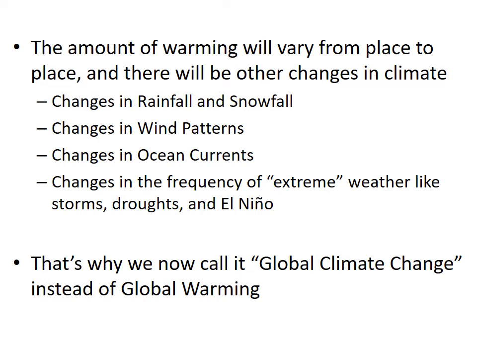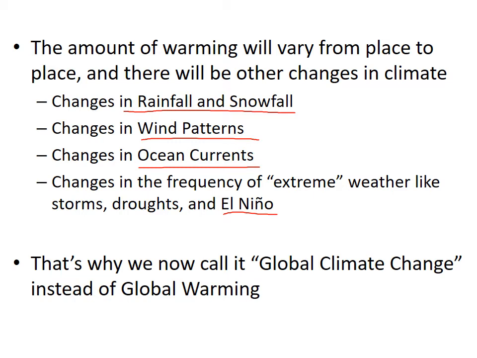So one of the complications of climate change is that it's not just a uniform warming. The warming will vary from place to place, and there will be other changes in climate. As temperature changes, so do rainfall and snowfall patterns, wind patterns, and ocean currents, and the frequency of extreme weather and the periodicity of cycles like El Nino also change as the climate changes.